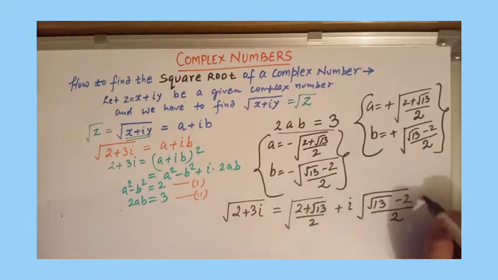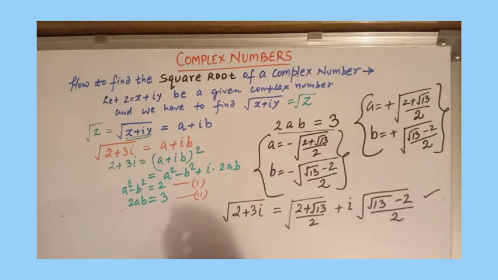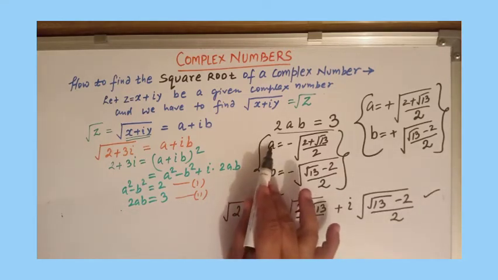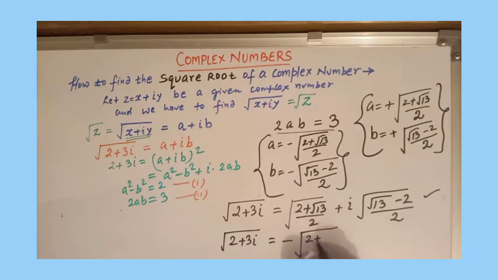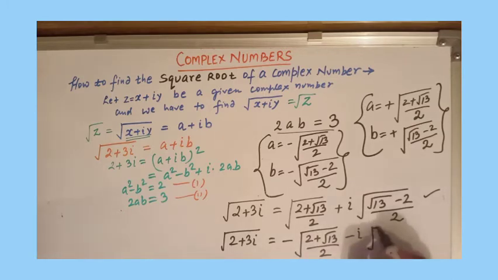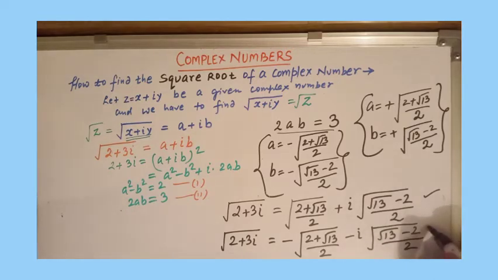Clear? So this is the first square root, and if we take the other pair, then the square root is given by minus of square root of (2 plus square root of 13) divided by 2 minus i square root of (square root of 13 minus 2) divided by 2. Clear? So this is the other value of the square root. Clear?